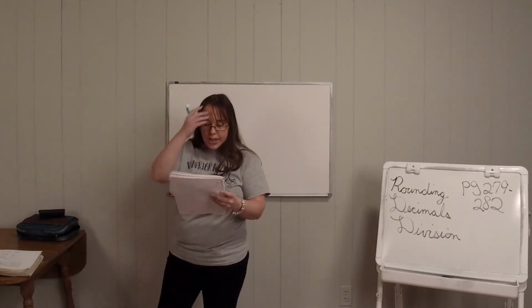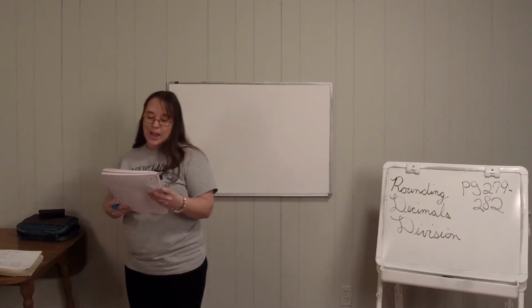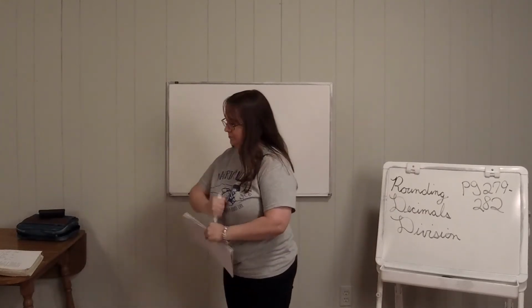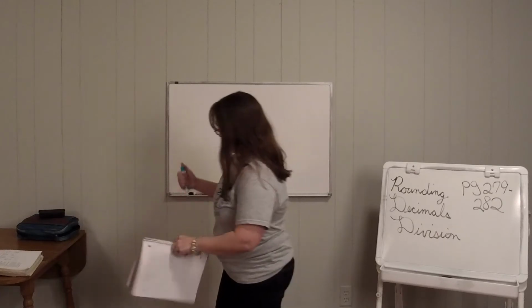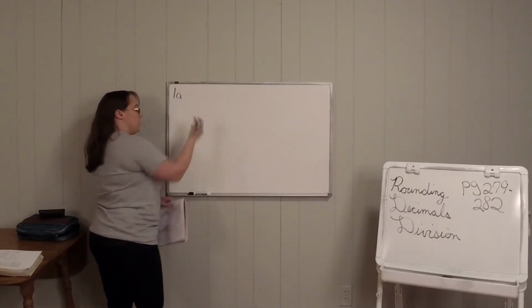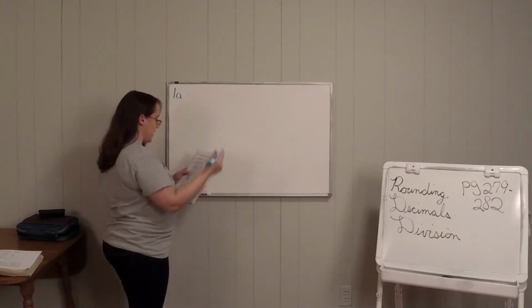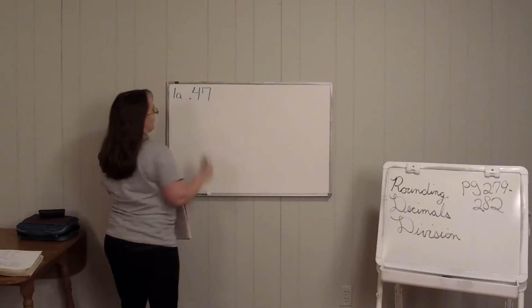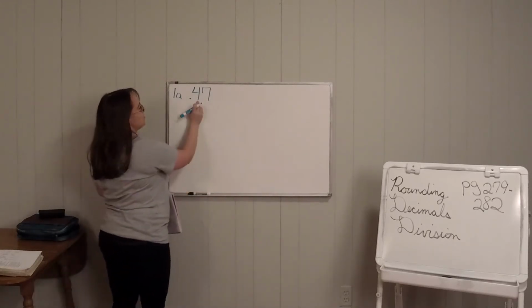So if you look at 1A on page 279, it says 0.47, and this is the number we're rounding.